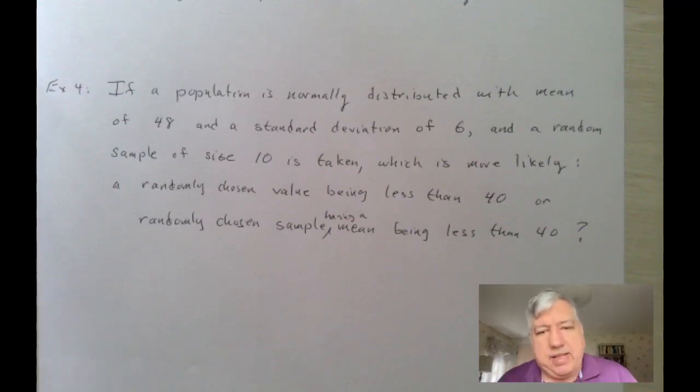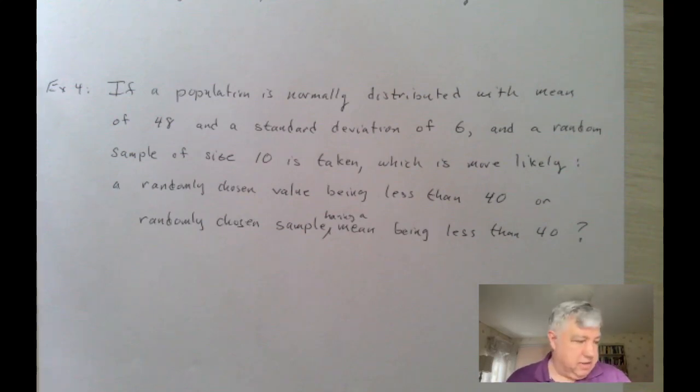And hopefully by now you kind of know what the answer is. The sample means are more compact. They're less spread out. It's more likely that a single value will be less than 40 than a sample mean.